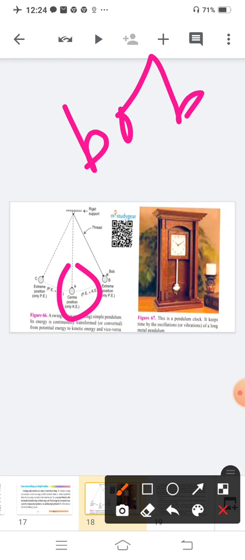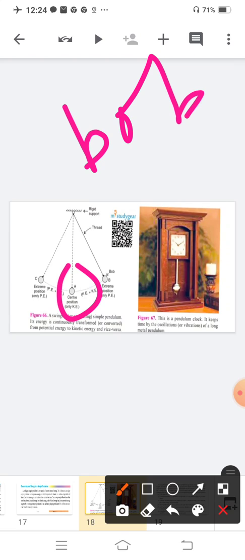Is this clear? This metal ball is called the bob. Now, it is suspended by a long thread from a rigid support, such that the bob is free to swing back and forth when displaced.